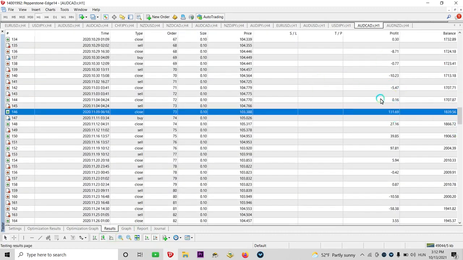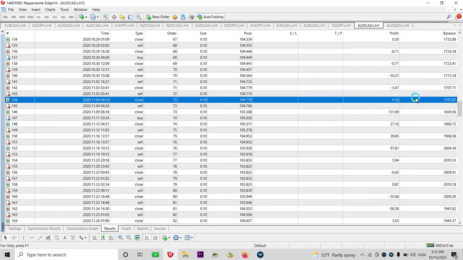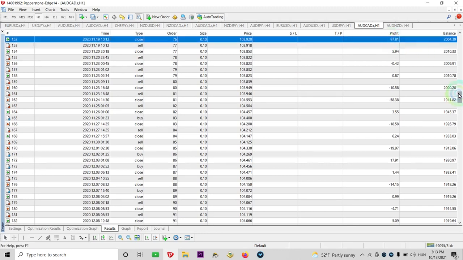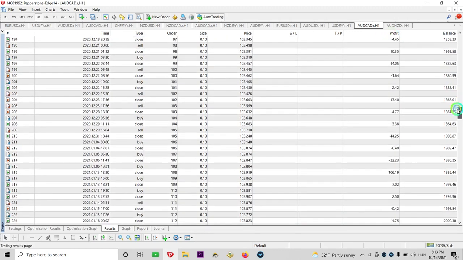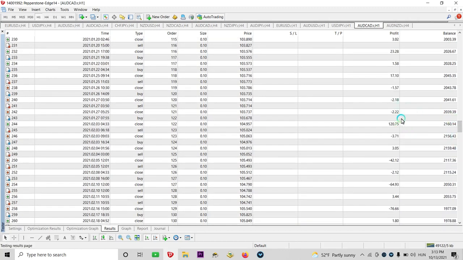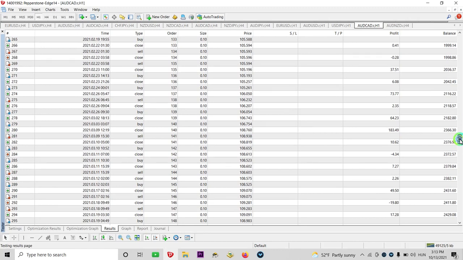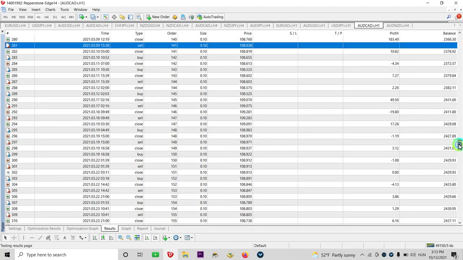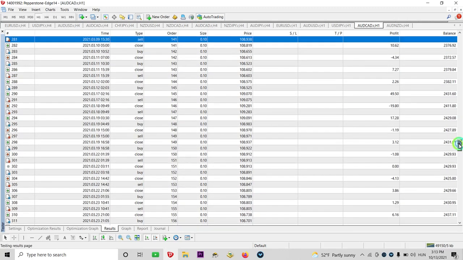As you see, because of the dynamic exit, there are trades that are really small, and there are trades that are fairly big, but most trades are day trades that last for a couple of hours to 2 or 3 days maximum.